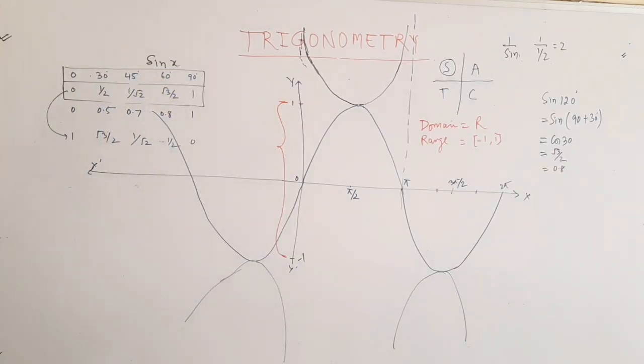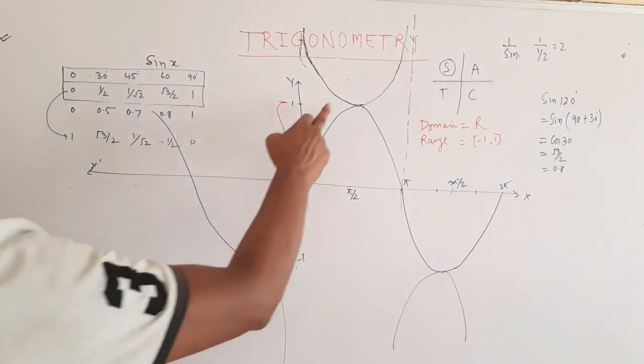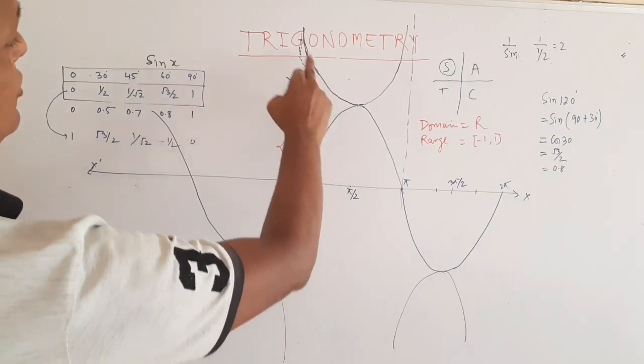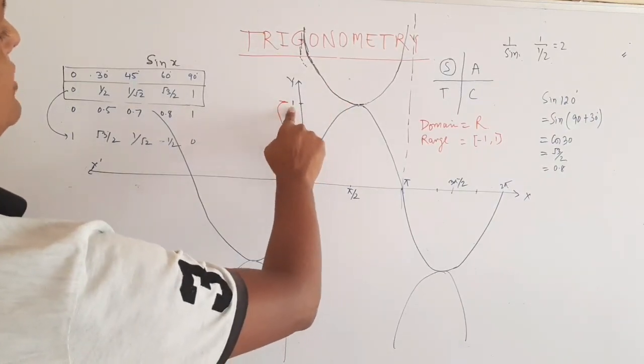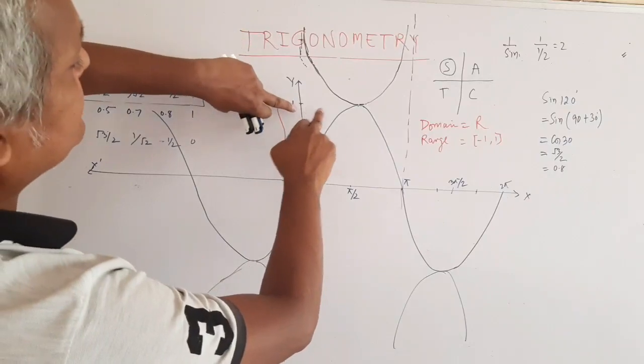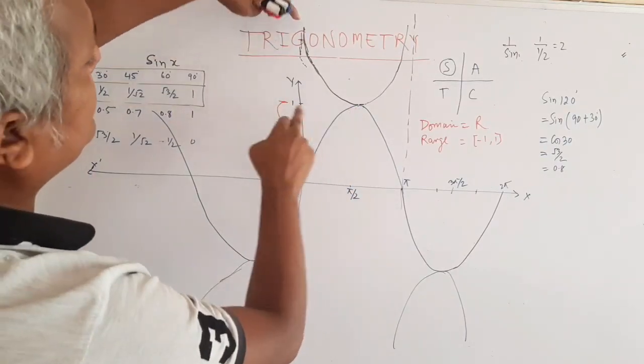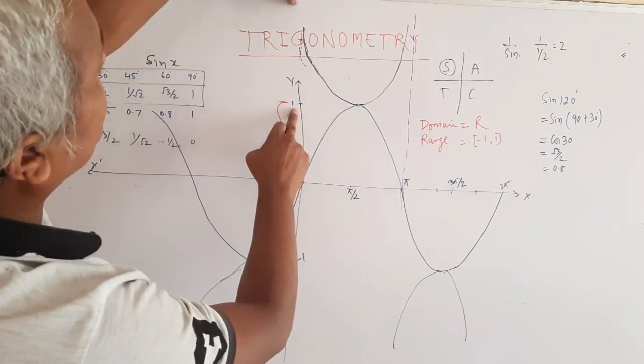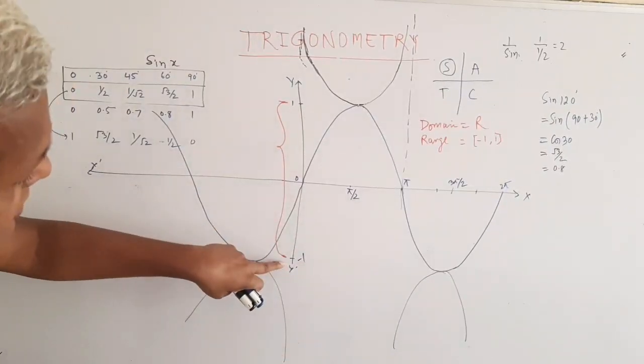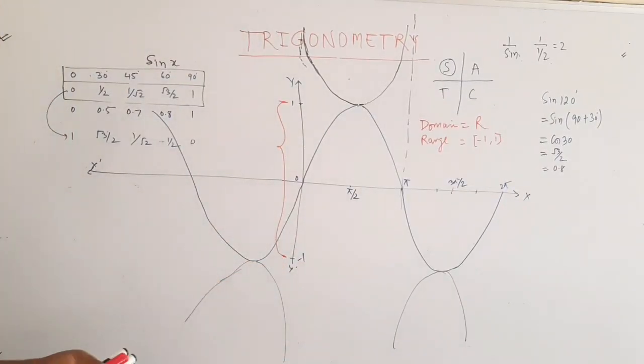Like this. And what will be the domain and range of the cosec function? That is the range. You see that the graph of the cosec is going from 1 to infinity, because it's not coming down. It goes from 1 to infinity, and then down here from minus 1 to minus infinity.